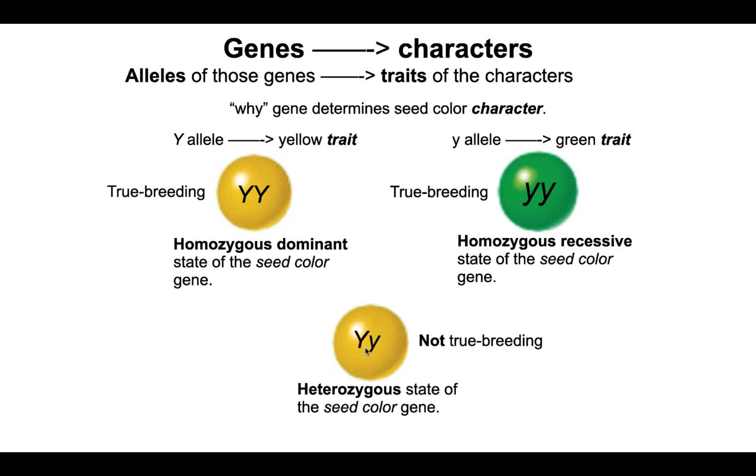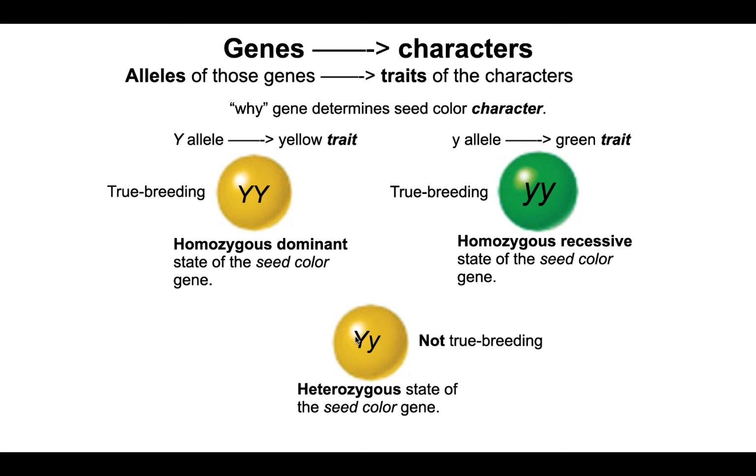So we know 100% of the offspring must be big Y, little y, and we look at what trait they display. If that trait is of one of the two parents, in this case the big Y parent, then we call big Y dominant. And the little y is then recessive, because when you put them together, all you see is the trait that corresponds to the big Y, yellow.